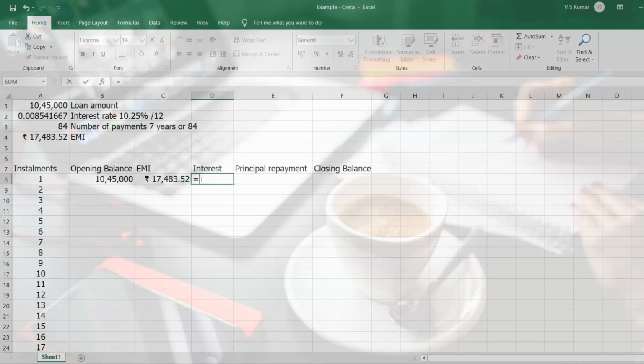Interest is to be calculated on the principal amount at the interest rate calculated in cell A2, and the interest rate is to remain constant for the rest of the cells. The principal repayment is out of EMI. After subtracting the interest part, the balance will go to principal repayment. Closing balance will be opening balance minus principal repayment, which is the principal outstanding after the first installment.